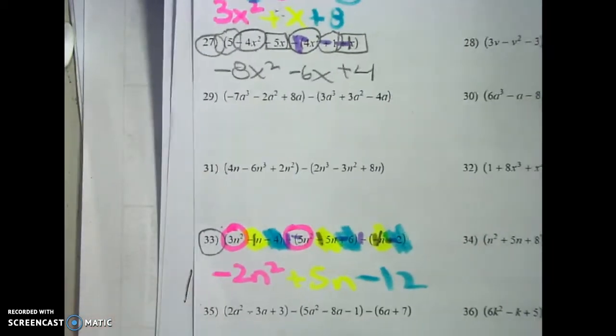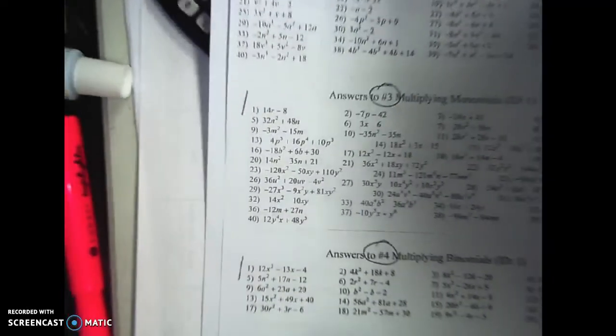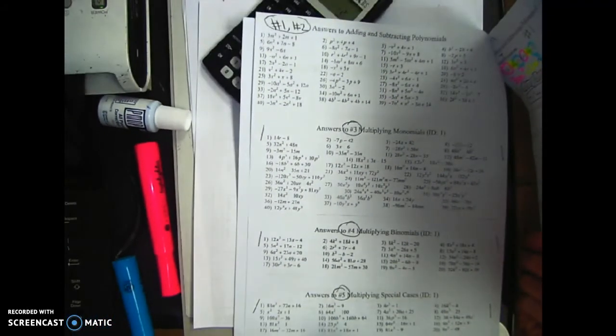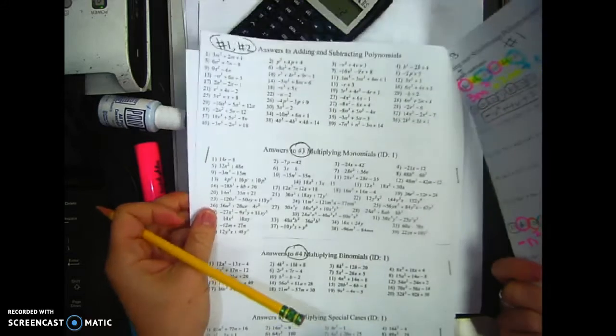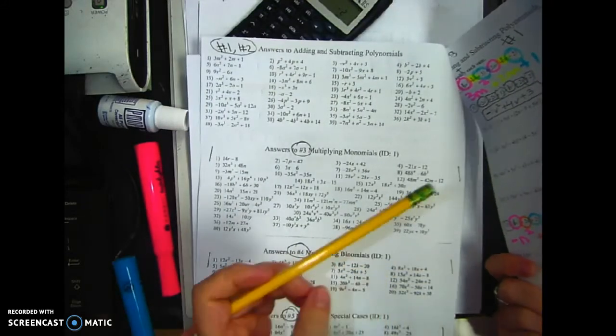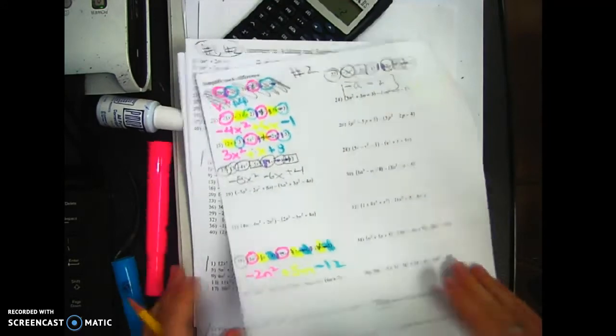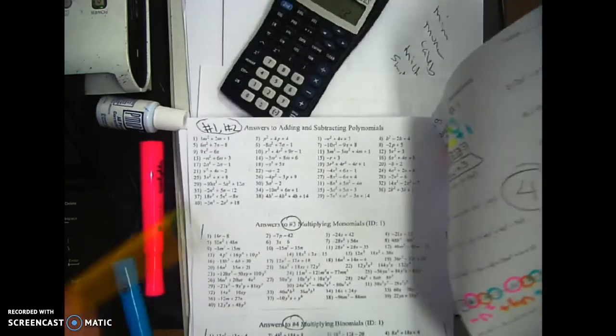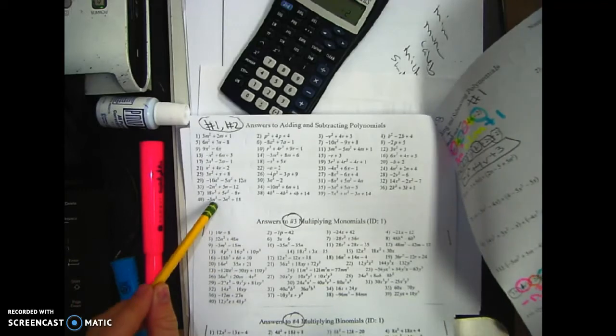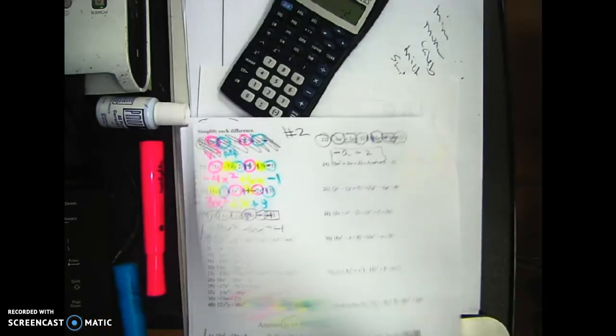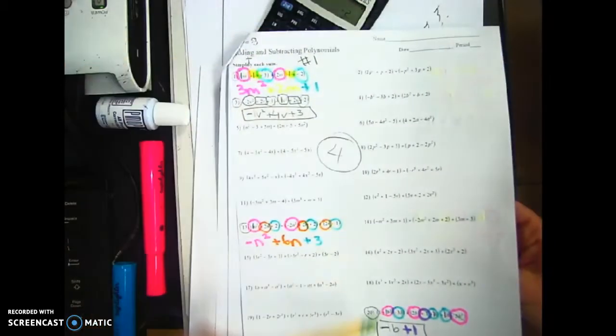All right, so something I want to point out too, and I probably should have pointed it out last time. If you look here, here's the answers to all of the adding and subtracting. This is 1 through 40. And so if you look, here's 1 through 20, and then 21 through 40.